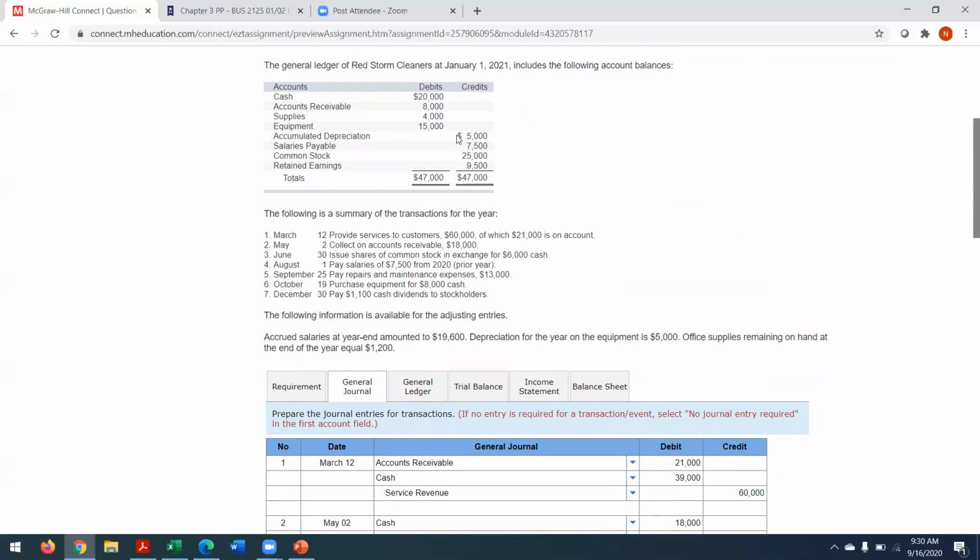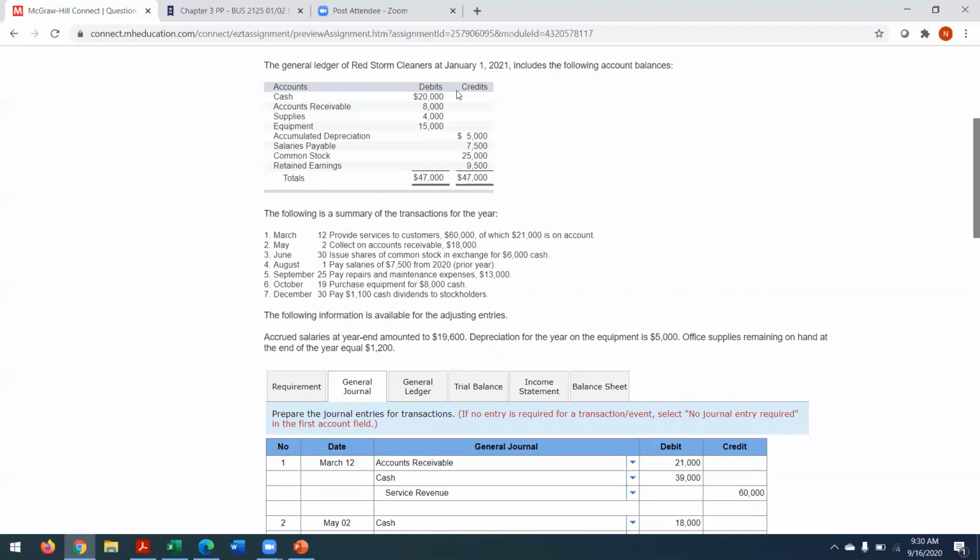Did we add any supplies? I don't see that we added any supplies. If we would have added supplies, we would have taken this 4, added our supplies, and then if only 1,200 is on hand, we know we've used up the rest.